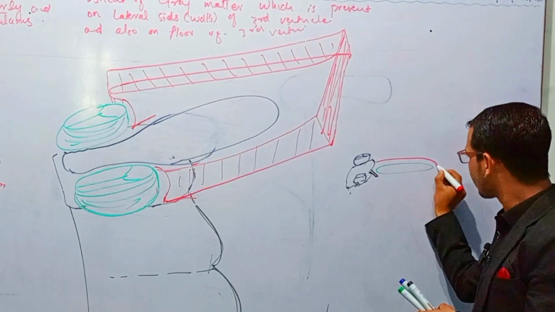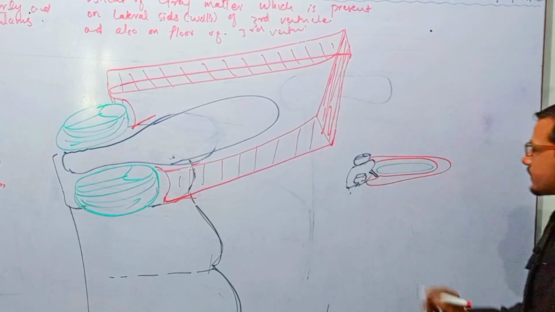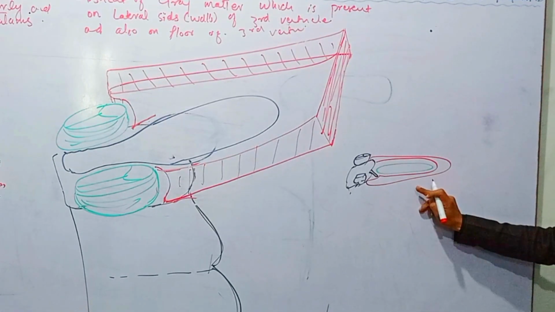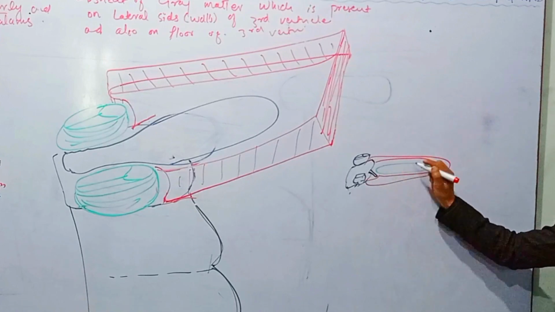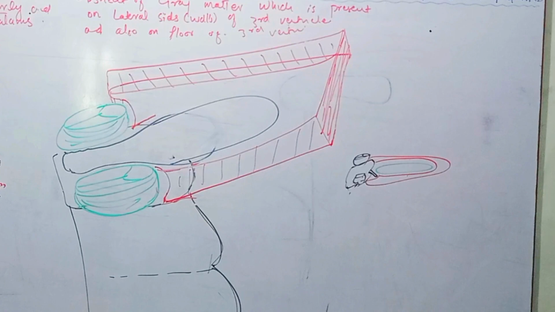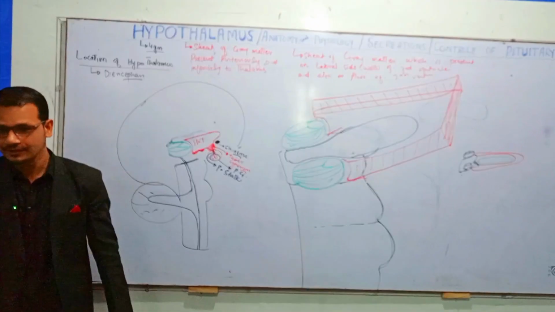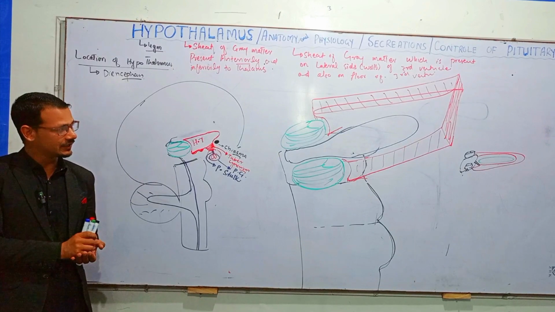This red structure is the hypothalamus, which is present anteriorly and inferiorly to the thalamus, and also making the lateral walls and floor of the third ventricle. Right? A simple location of the hypothalamus.